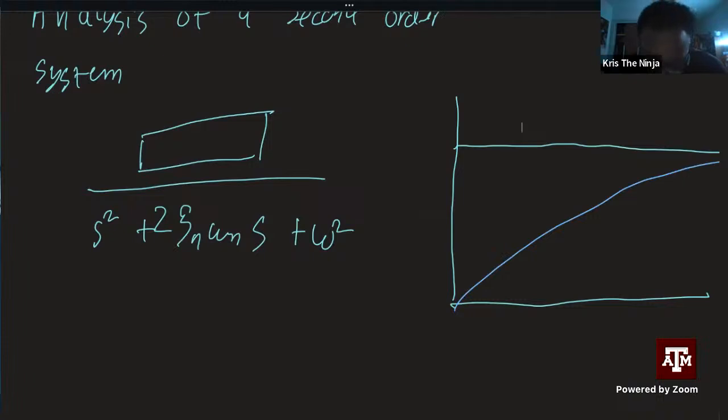You might have a critically damped system, which is going to come a little bit faster, and then you have an underdamped system.